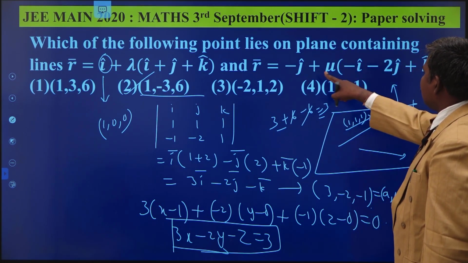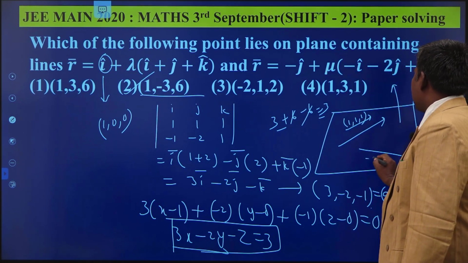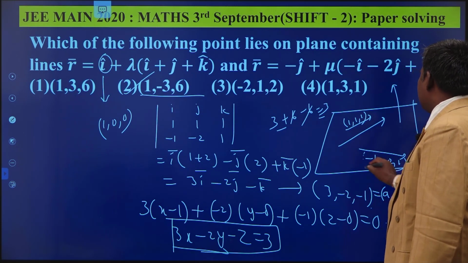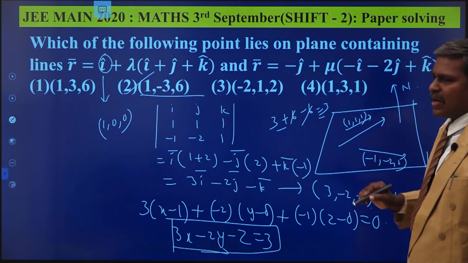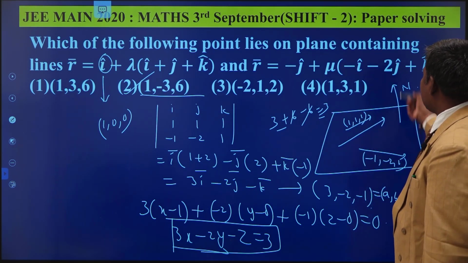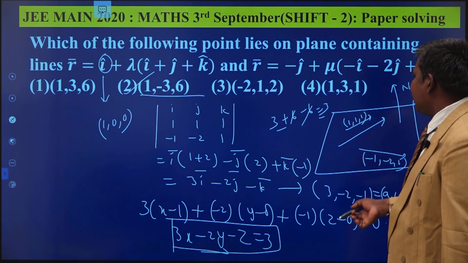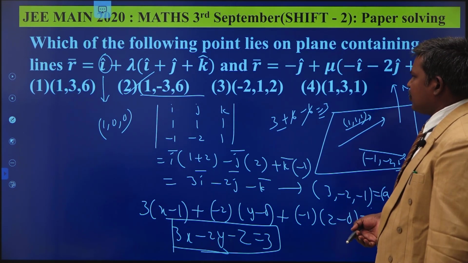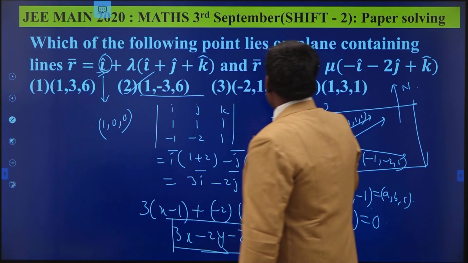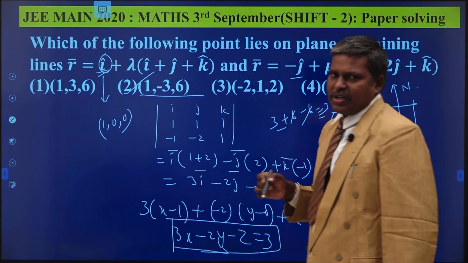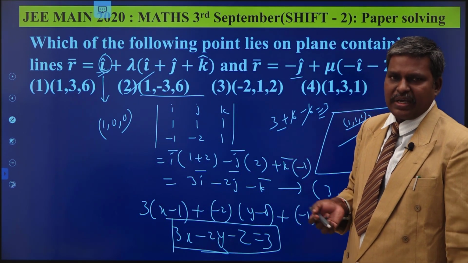What are the direction ratios of the other line here? Minus 1 comma minus 2 comma 1. By cross product of these two, we obtain the direction ratios of normal to the plane. Once you get the direction ratios of normal and one of the points, you can easily write the equation. So this is one of the points, i bar, that is 1, 0, 0, or 0, 1, 0 is also another point on the same plane. Okay.